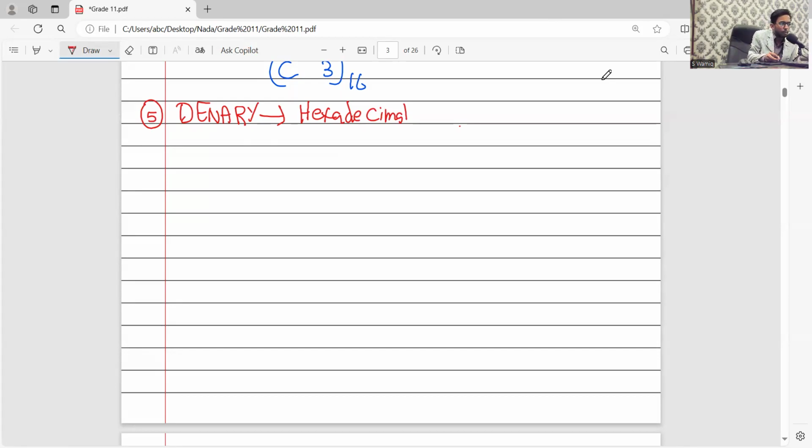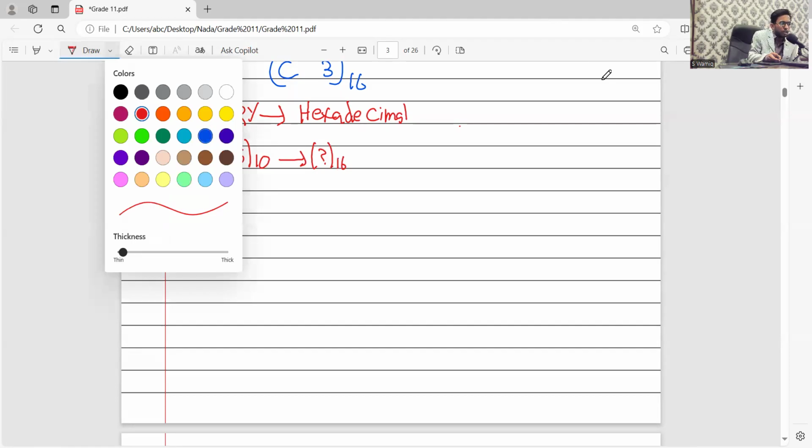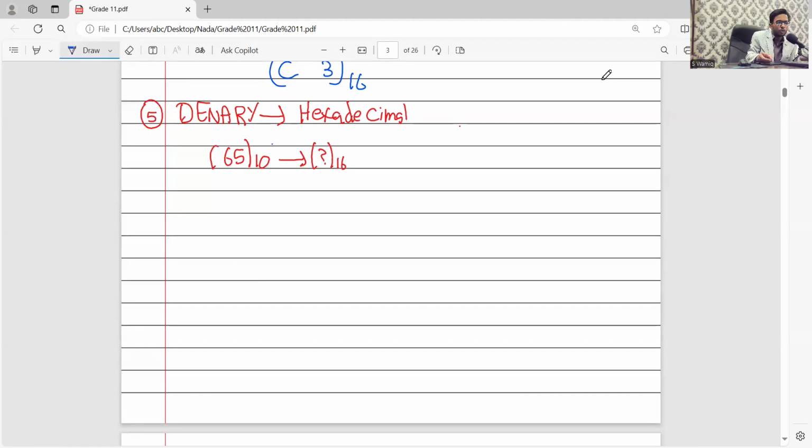For example, if you have a denary number such as 65 and you wish to convert it into a hexadecimal number, you are going to solve this in two steps. Step one, you convert denary into binary, and then for step two, you convert that binary into hexadecimal.